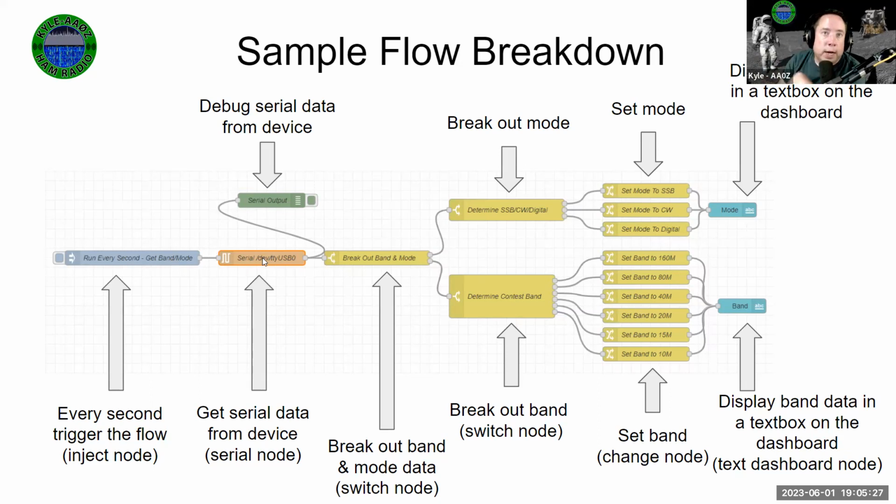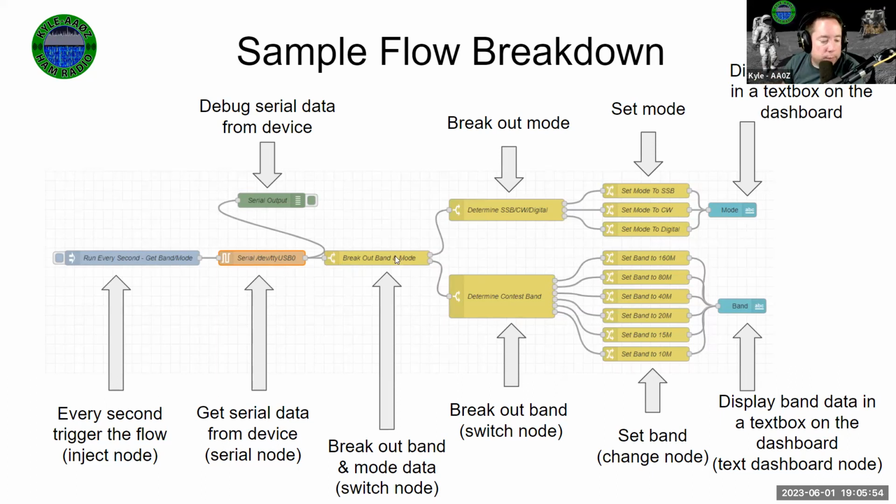So whenever we inject that value into the Elecraft K3, it's going to return a value, okay? So we connect to the Elecraft radio through the serial device. We send it a B, we send it an M, and then we're coming back into the flow, we get the band and the mode, okay?